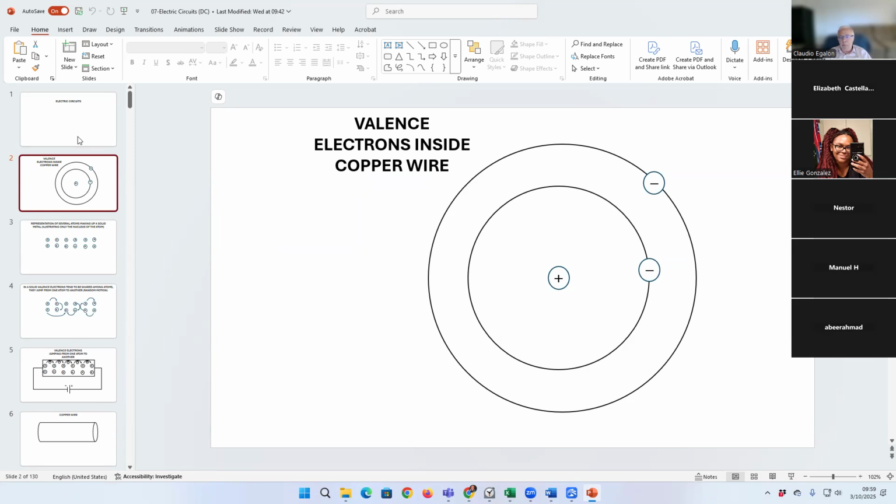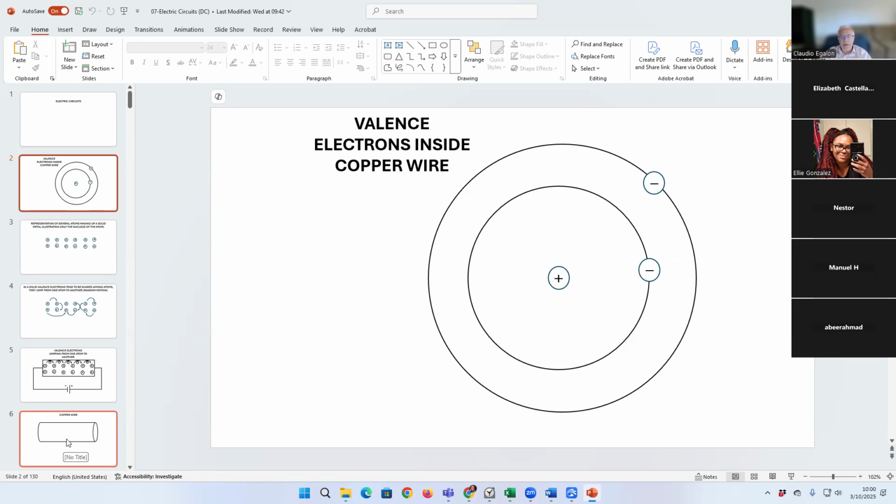The model of an atom is very similar to the model of the solar system, with the sun in the center and the planets orbiting the sun. In this case, the sun would be the nucleus of the atom. The nucleus of the atom is made up of protons and neutrons, which are much heavier than the electrons that surround it. That's the concept that you have to keep in mind. An isolated atom is just like that.